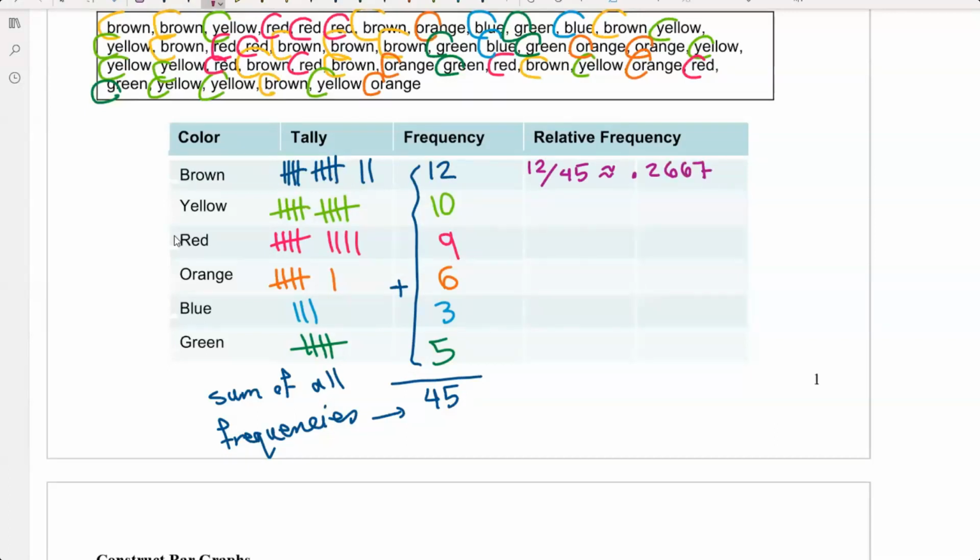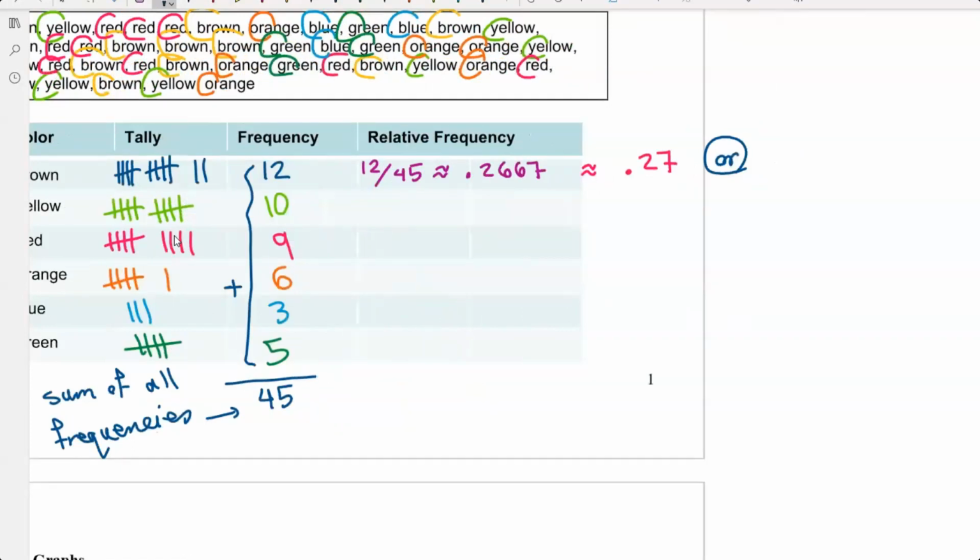0.2667. I'm going to write all these here with 4 decimal places and also 2, because that is hard to grab. This is 0.27. I rounded that one. Or this is equal to 26.67%.